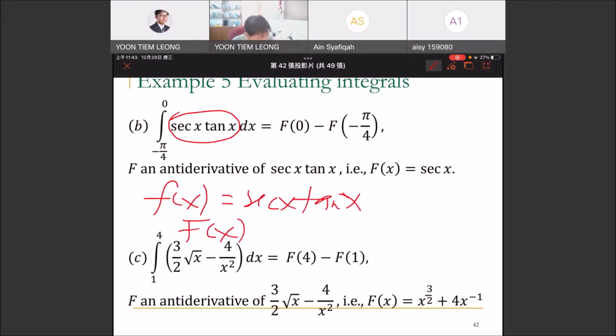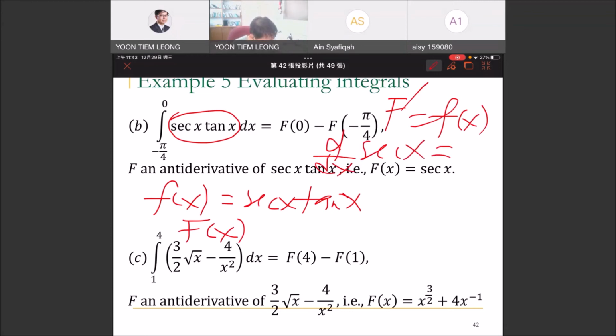When you have f, what is the capital function F such that when you differentiate it, you get back the small function f? If you can remember it correctly, the derivative of secant x gives you tangent x secant x, right?